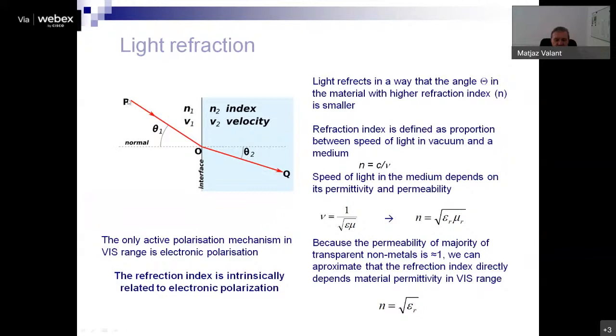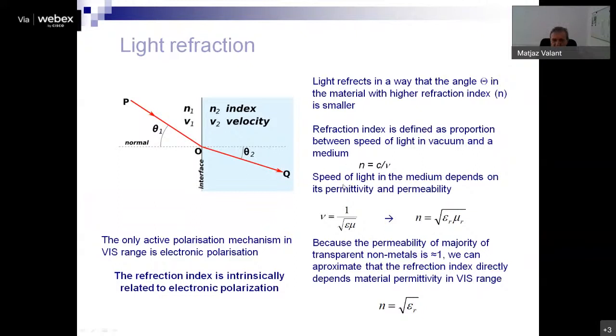So when light goes from one material to another, it changes speed, and correspondingly it changes direction, in the way that the incident angle is no longer equal to the angle in the new medium. So the higher the index of the medium, the lower the angle between the light beam and the normal.